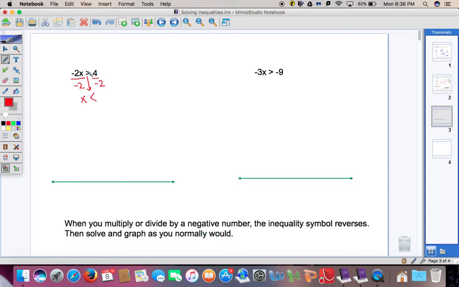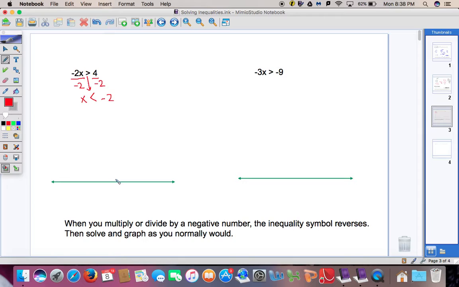It's not going to come straight down, it's going to reverse. When I divide both sides by negative 2, 4 divided by negative 2 is negative 2. So I have x is less than negative 2.